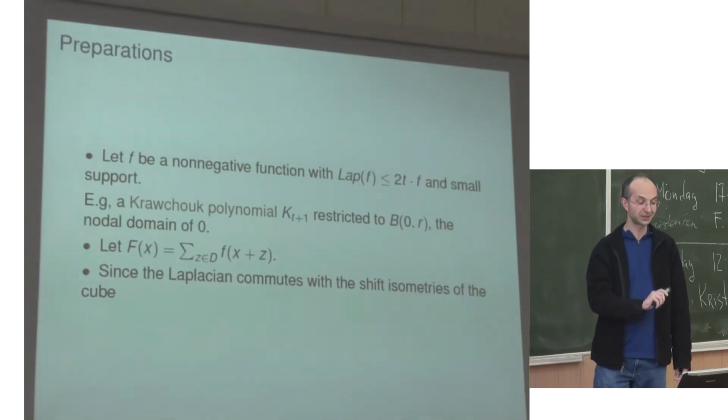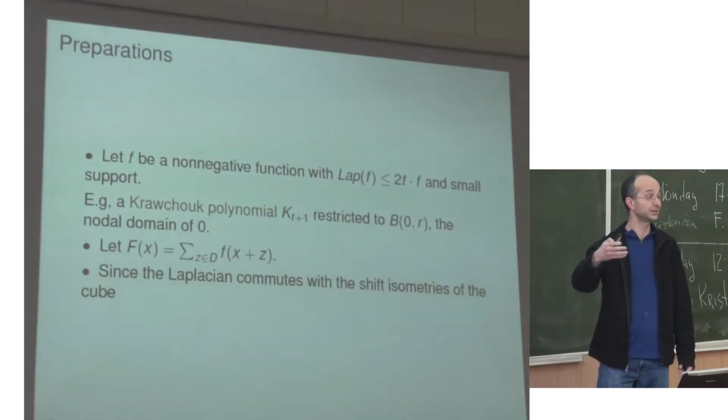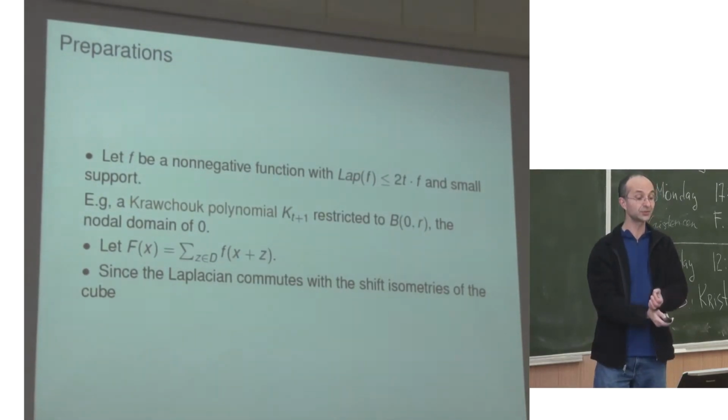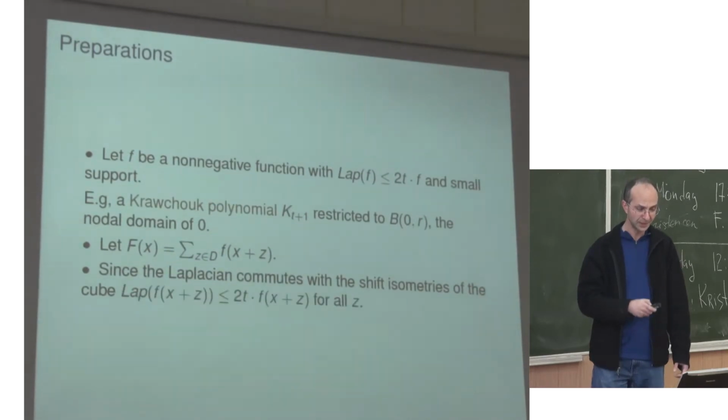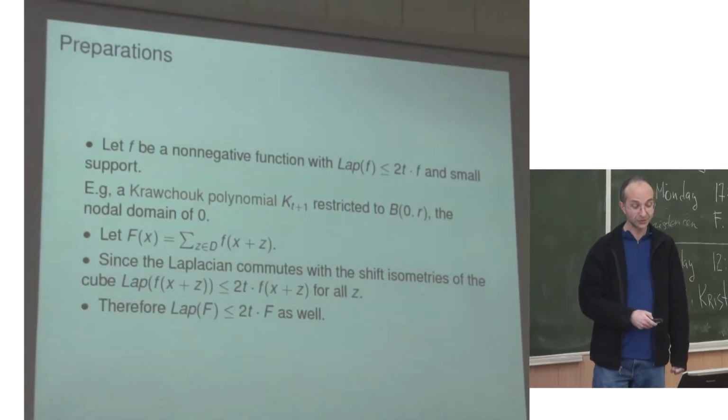So if I apply first an isometry to the function and then I take the Laplacian, it's exactly as taking the Laplacian first. So for all of these shifted functions, we also have these properties. When I apply the Laplacian, the function changes by at most a small number. And therefore, this also holds for the sum of these functions, for the function capital F. Yes, okay. Everything is very simple.